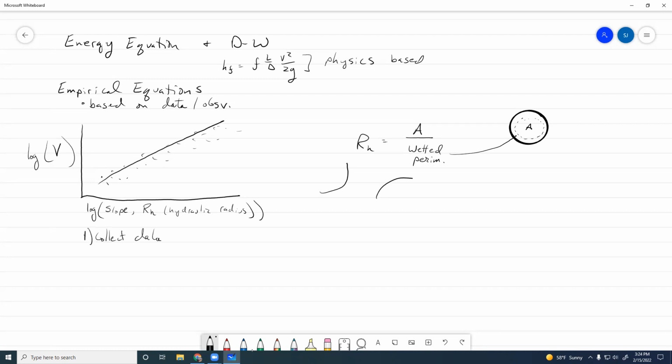So we collect data, and we have our independent variables, things that we can measure easily. We can measure the length, we know the diameter, calculate hydraulic radius. So these are independent variables, and then we also get our dependent variables. In this case, it would be velocity.